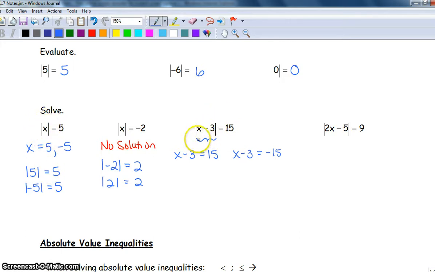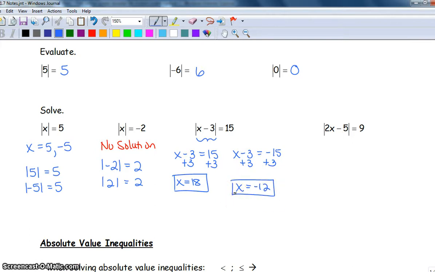So x minus 3 could equal a positive 15, giving us absolute value 15, or that piece x minus 3 could give us a negative 15, leaving us with a positive 15 once we evaluate that absolute value. So I've got two possibilities, positive 15 or negative 15. We solve for x, and I get x could equal 18. Add 3 to each side, and we get, or x could be equal to negative 12.